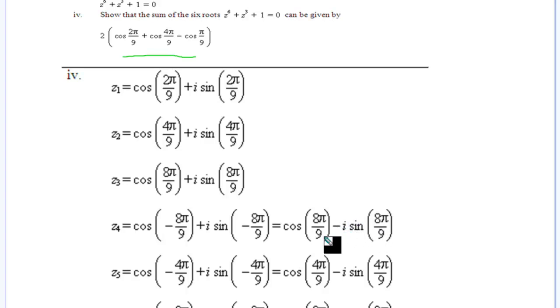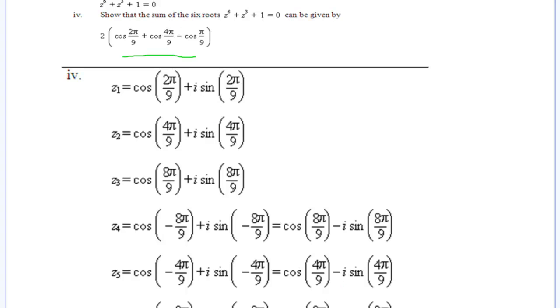So sine of minus 8 pi on 9 is going to be minus i sine 8 pi on 9. And similarly with these values over here as well. So we can rewrite them, take the minus there and make it minus there because of what quadrant they're in.